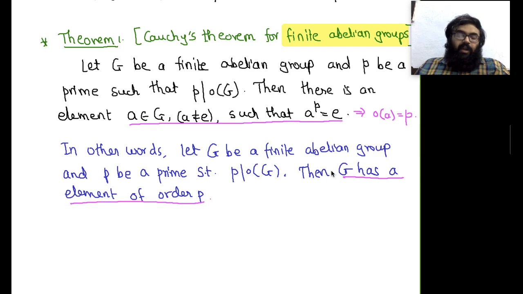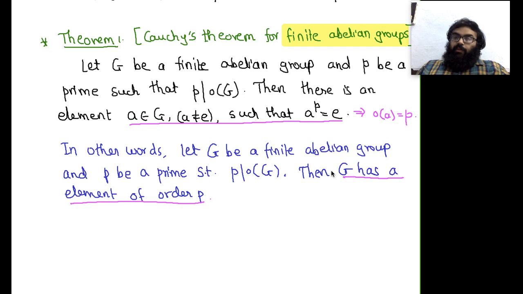So that means if I consider a group of order 10, a group with 10 elements, we don't know what the orders are. The order of an element divides the order of the group, that much we know. So it will always have an element of order 2, because 2 is a prime dividing the order, by Cauchy's theorem. It always has an element of order 5. Right?